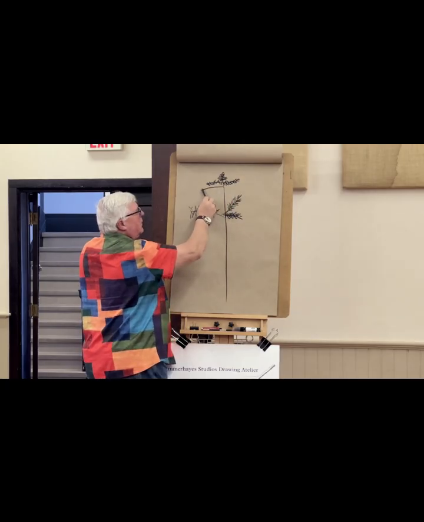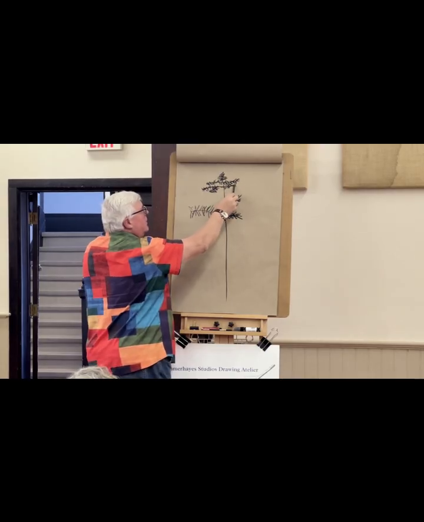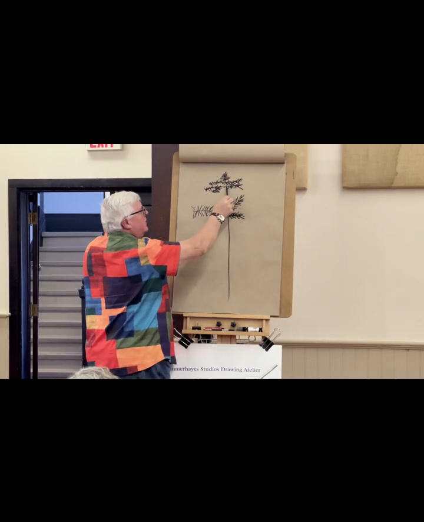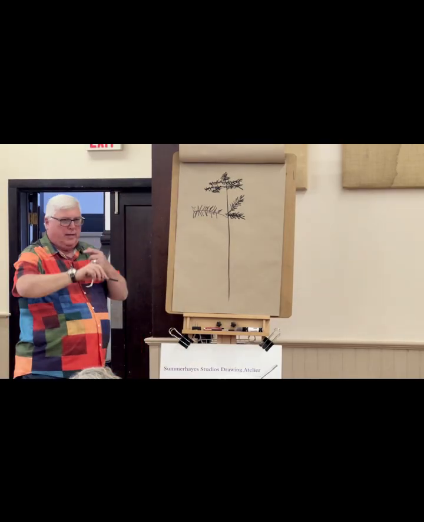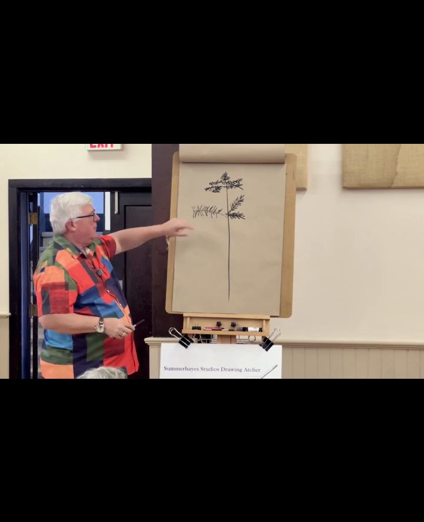And let's put a little bit longer one here, and maybe a little smaller one coming this way. Now the key to this whole thing, besides putting the branches on, is to put the dark areas in. So when I get over there, I'll show you what I mean further.